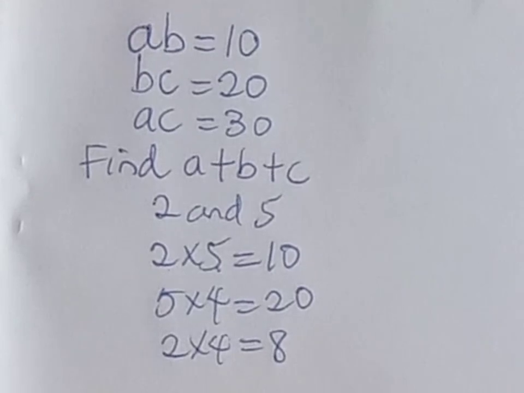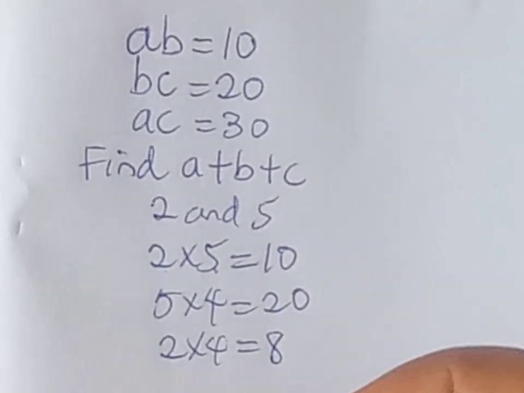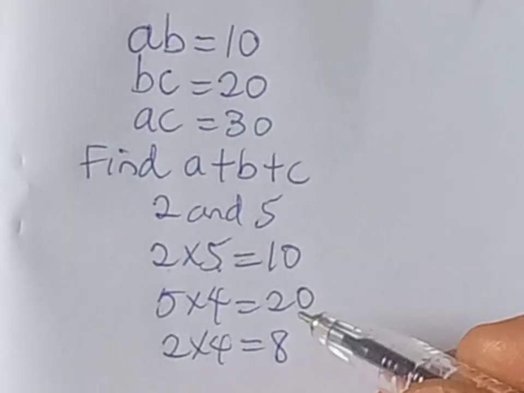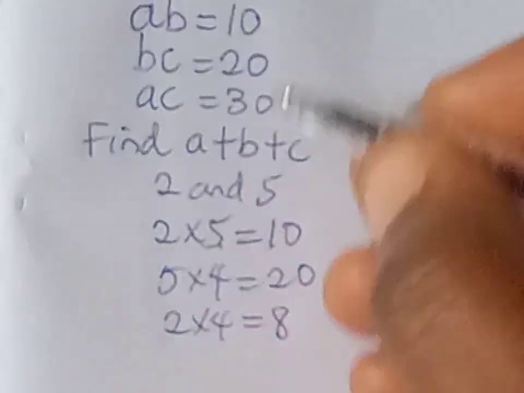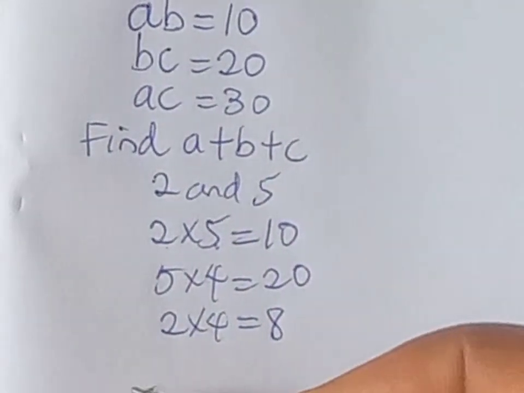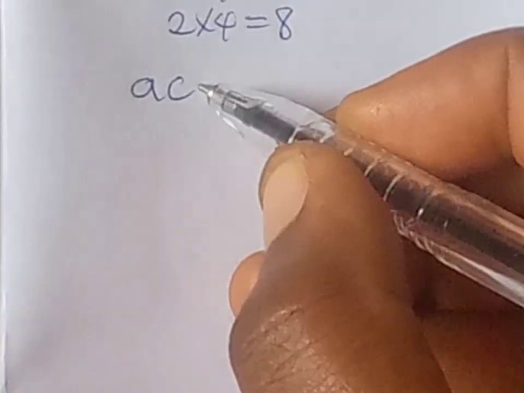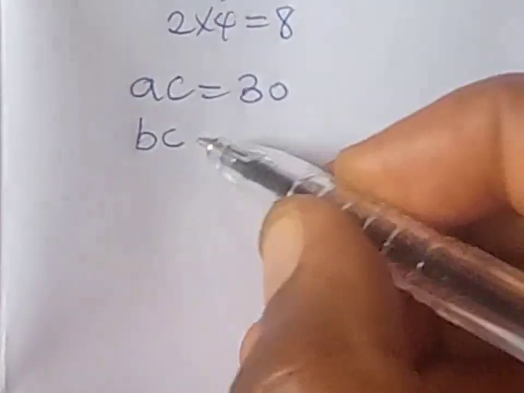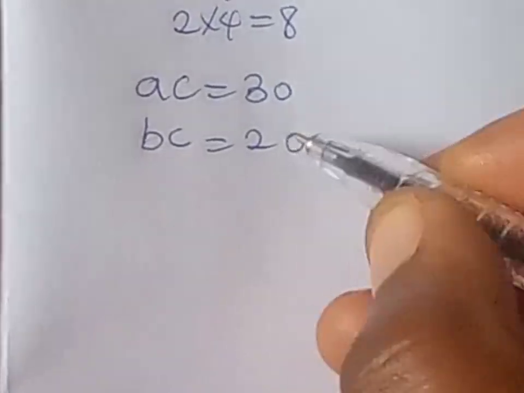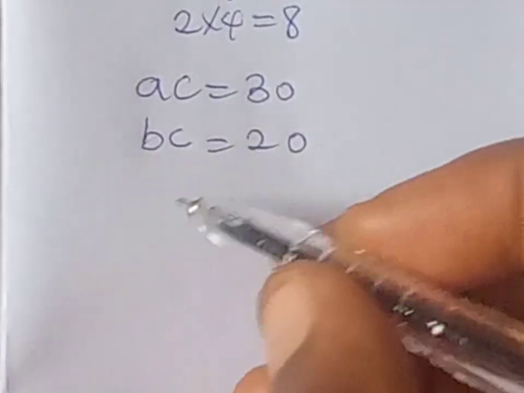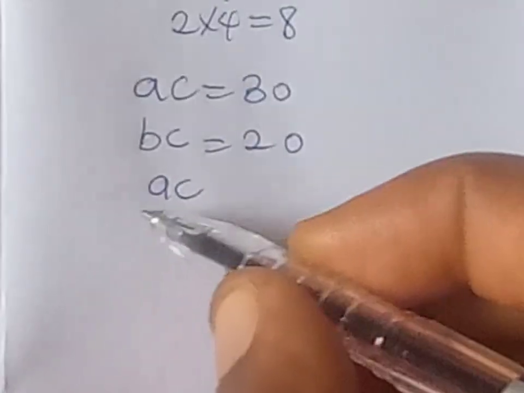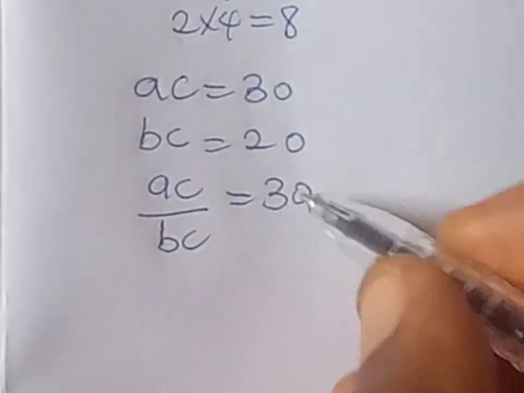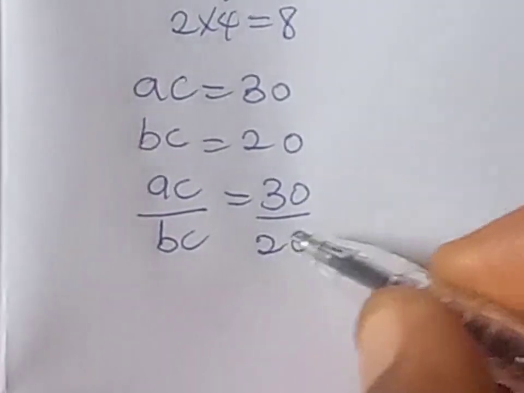The first thing is, let's look for the ratio instead of solving for A, B and C individually. Now let's compare the three equations. AC is 30 and BC is 20. Let's divide both equations, that is AC divided by BC equals 30 divided by 20.